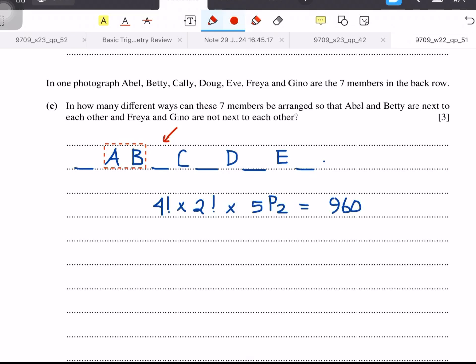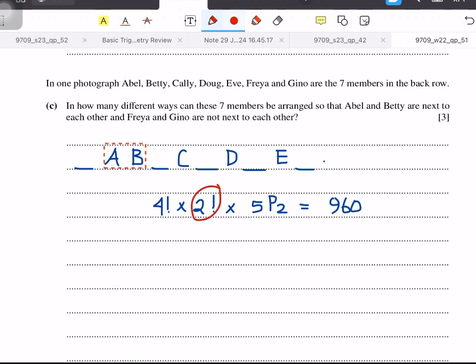So now we are ready to calculate the number of arrangements. First we have 4 factorial for the arrangement of the 4 components. Remember, A and B is considered as one component to make sure that Abel and Betty are always next to each other. And then the 2 factorial here is for the number of arrangements in this group, so it can be AB or BA.